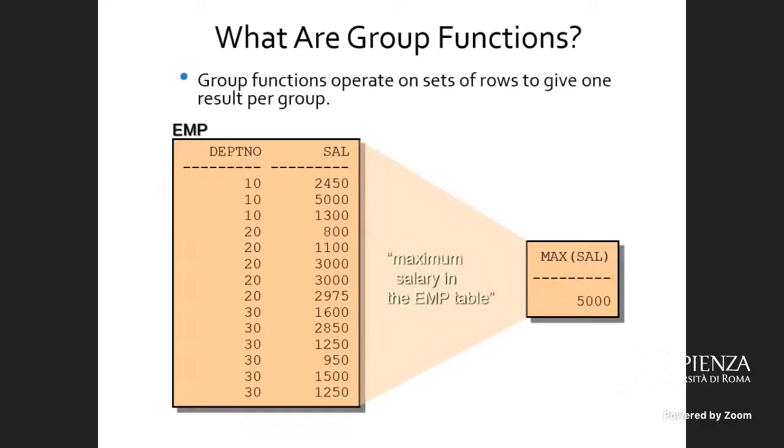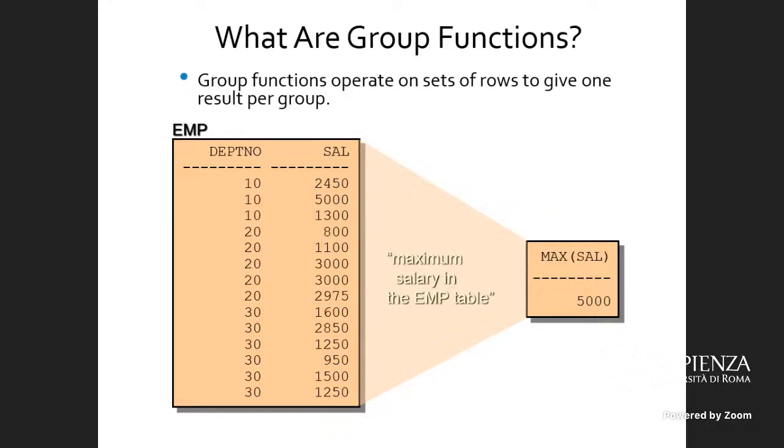Okay, so what are group functions? What group functions do is they operate on sets of rows to give one result per group. You understand? So they are a columnar operator. They operate on columns. Now, everything we've talked about so far are called row-wise operations.